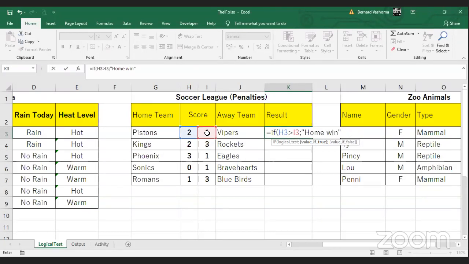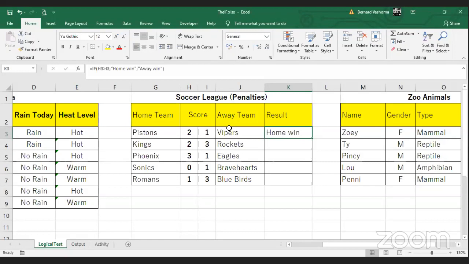But if it's not the case, if it's the other way around, it should be away win. Like that. So there you have it. 2 is greater than 1, so it's a home win, right? So here, if we copy down, we should expect away win. There you have it, because 3 is greater than 2.